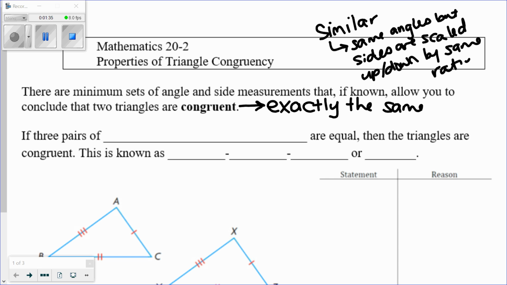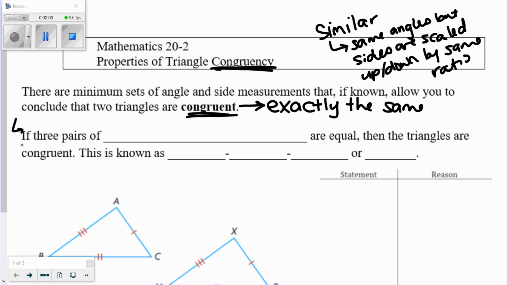So that's saying if we have it and one side is doubled, all the other sides will be doubled as well, so scaled up the same ratio. But what we're talking about now is triangle congruency. So saying that if I know these particular things, I can know without any shadow of a doubt that these triangles are exactly the same, that if I laid one on top of the other, they would be exactly the same.